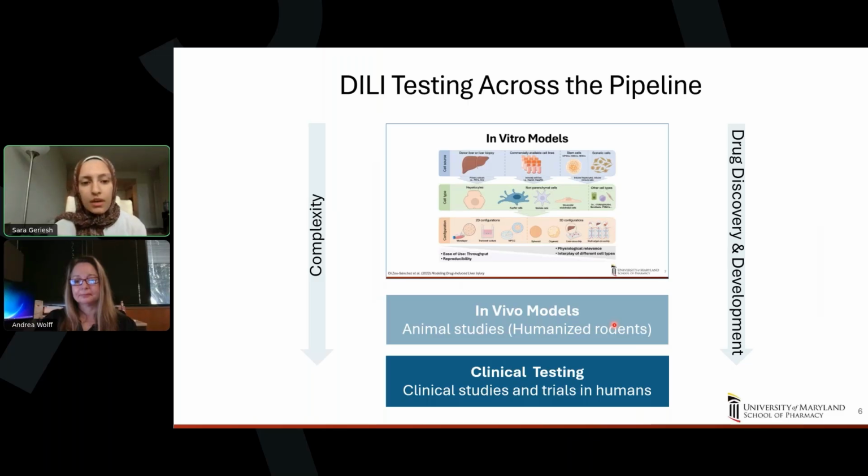I'll highlight some of the problems with in vivo models, for example, animal models. One of the main problems in using animal models is species-specific differences, especially in drug metabolizing enzymes, which makes it harder to predict DILI sometimes.